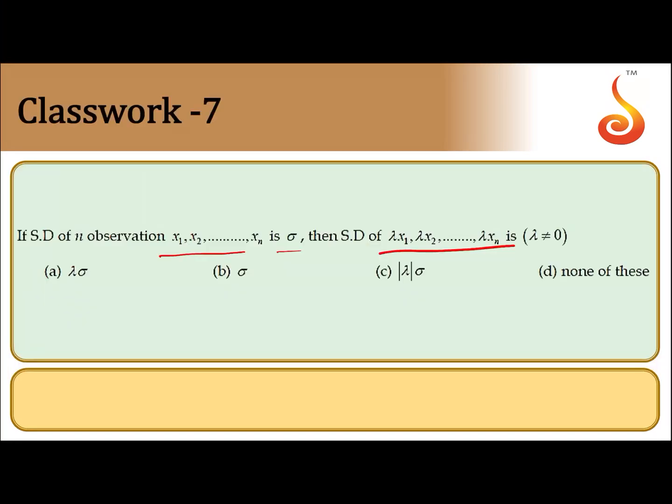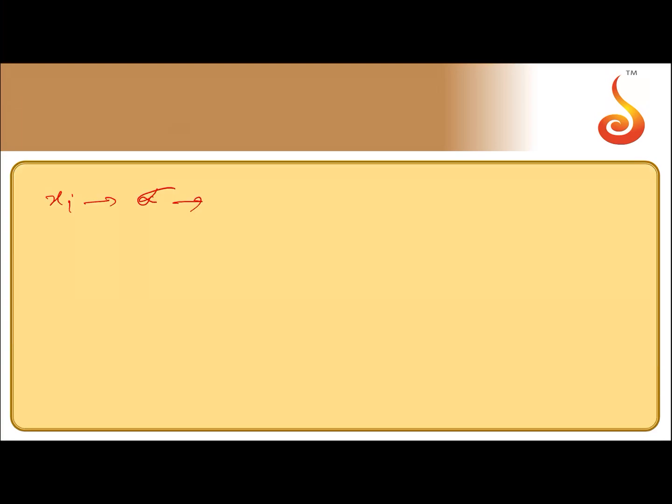Remember one thing: for all observations xi, the standard deviation is sigma, and you are given that the standard deviation is sigma and the variance is sigma square.